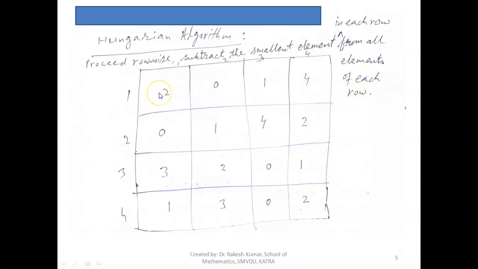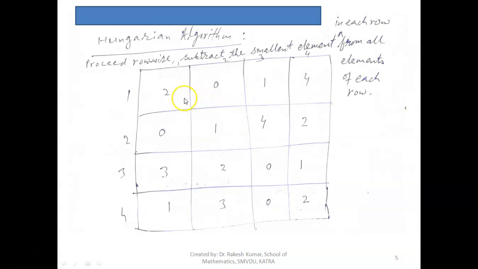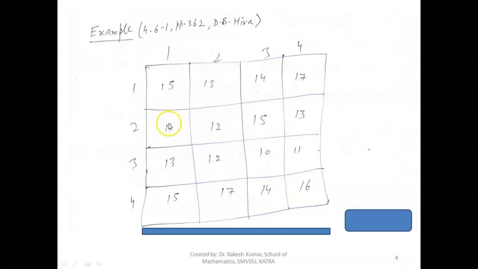Suppose I select the first row. Here the minimum cost is 13, so subtract 13 from all elements: 15 minus 13 is 2, 13 minus 13 is 0, 14 minus 13 is 1, and 17 minus 13 is 4. So I get 2, 0, 1, 4.